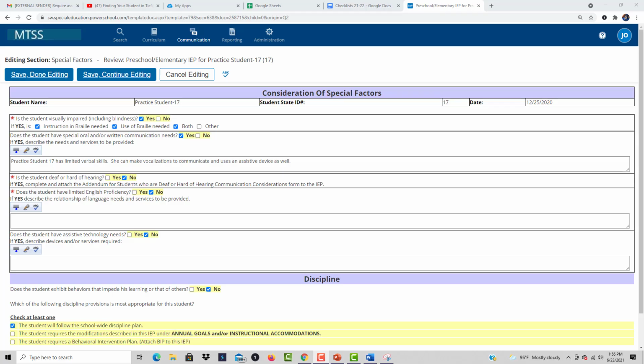All right, so this next one, is the student deaf or hard of hearing? Now, if we say yes, it says if yes, complete and attach the addendum for students who are deaf and hard of hearing, the communication form to the IEP. So I'm going to go ahead and show you where that is right now.